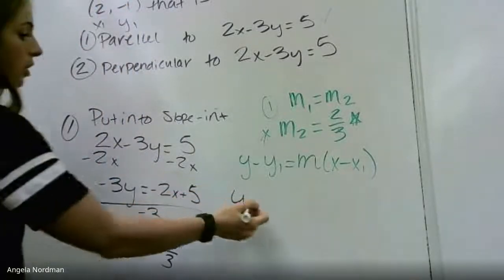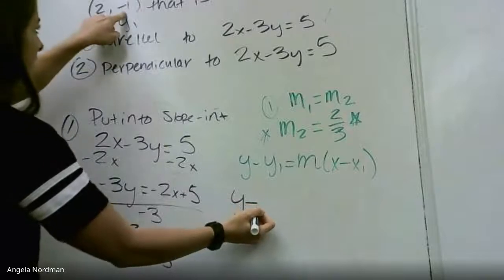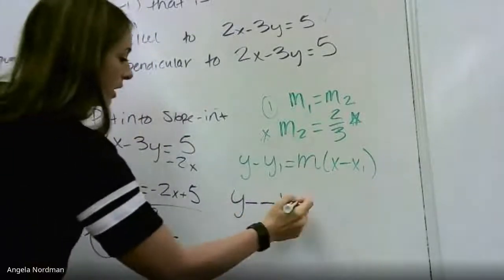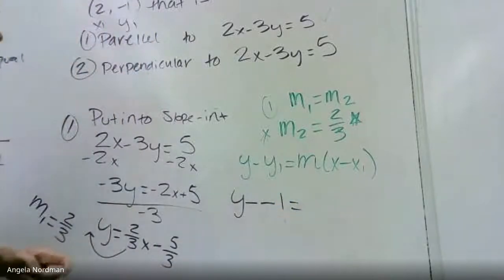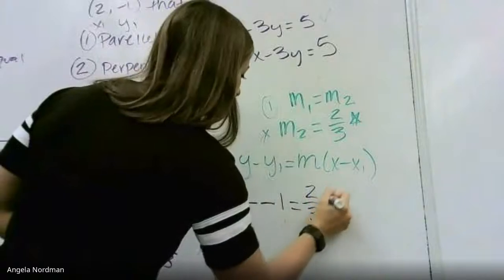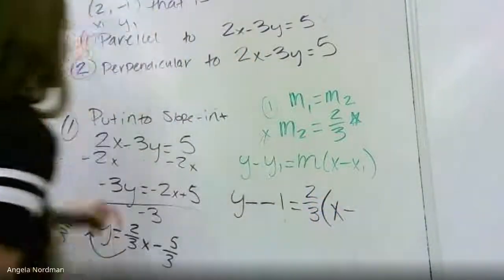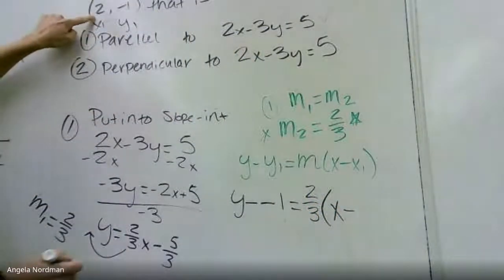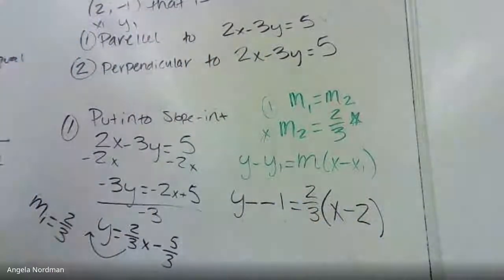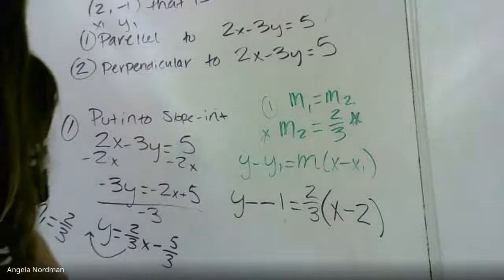Okay, so back down here, y minus -1, 2 negatives there, equals my slope, my parallel slope here is 2/3, times x minus my x1, that was 2. Okay, so I got all the pieces together.